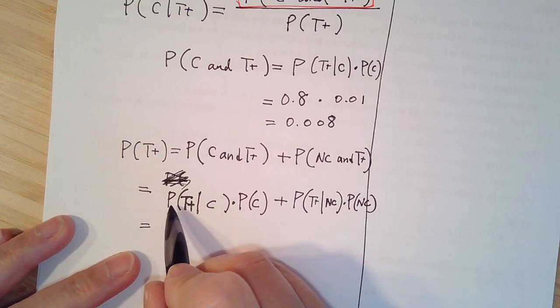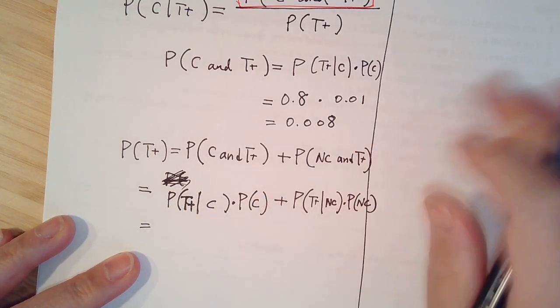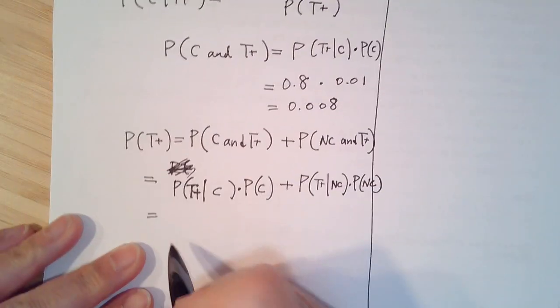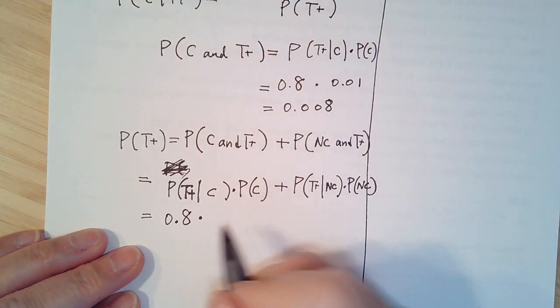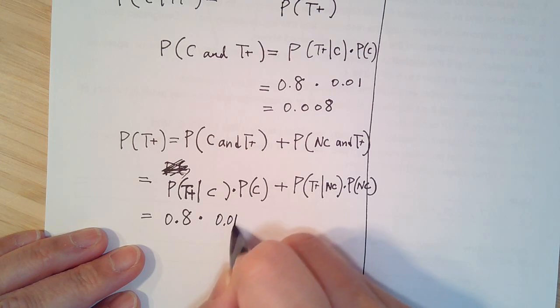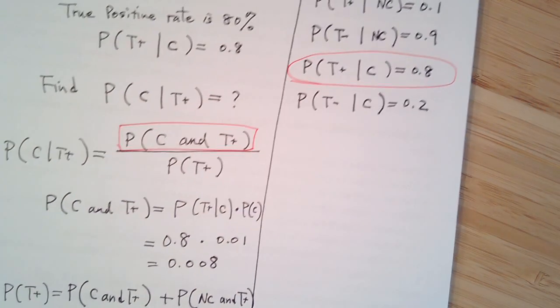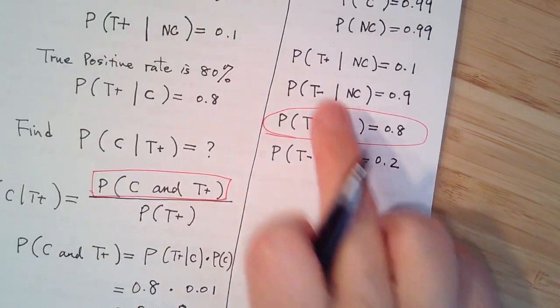What is the probability of T plus given C? We have it. That is 0.8, multiplied by the probability of C, which is 0.01, plus T plus given NC.